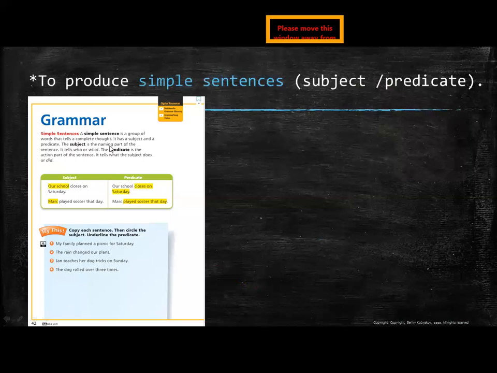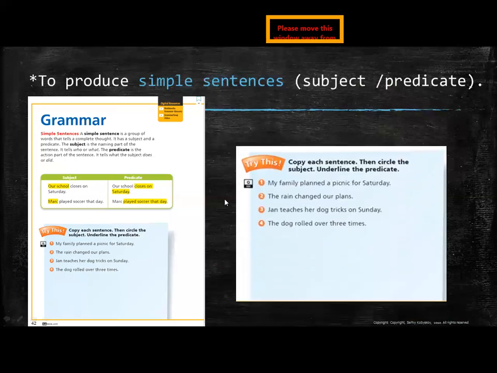Subject is the naming part of a sentence, all right? And the predicate is the action part of the sentence. For example, right here, our school closes on Saturday. You can see our school is the subject, the naming part, and closes on Saturday is the action part of the sentence. That's the predicate, all right?